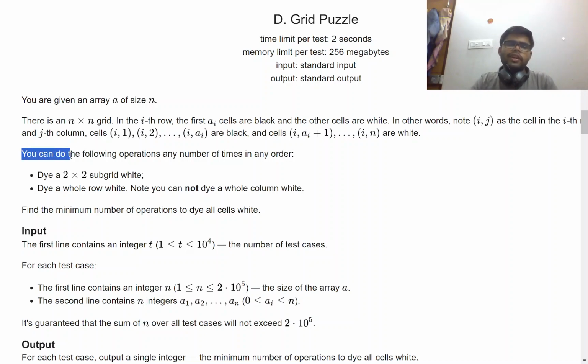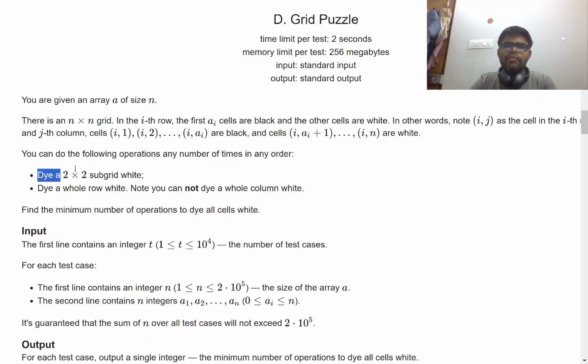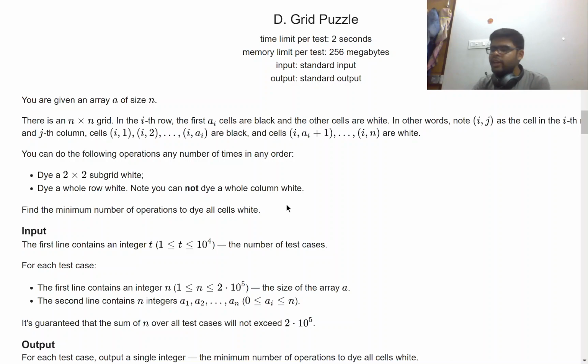So what we can do is either dye one 2 by 2 subgrid white, or dye a whole row white. We cannot dye a whole column white.